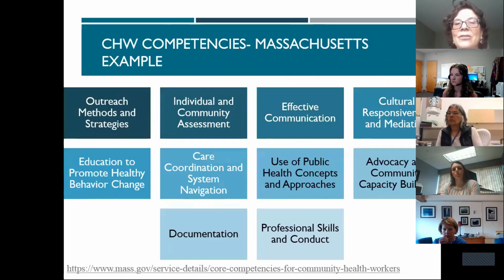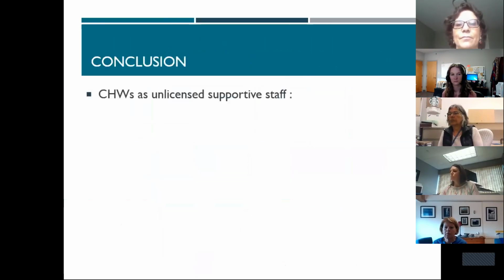Some states have outlined exactly what the competencies are for CHWs. They mirror nicely to the C3 project, but competencies might be around outreach and outreach methods and strategies, and going on to professional skills and conduct.